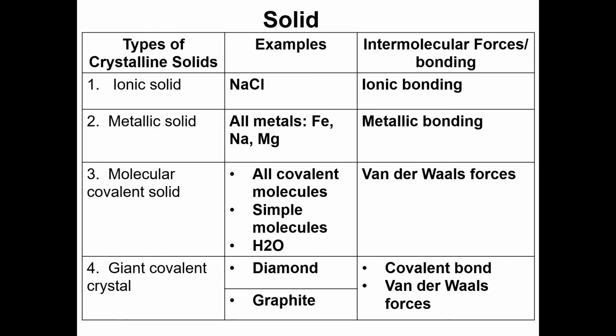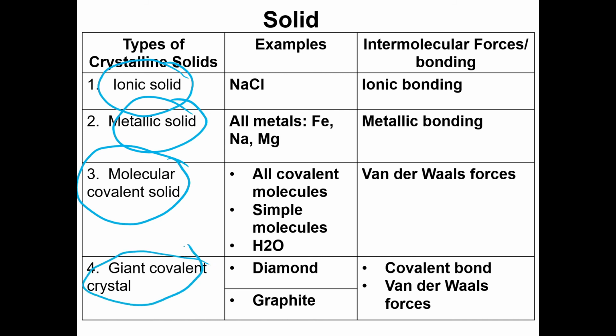So this is the summary for this topic. Type of crystalline solid is divided into 4. Kita ada 4 iaitu ionic. We have ionic here. We have metallic solid. We have molecular covalent solid, and we also have giant covalent crystal.